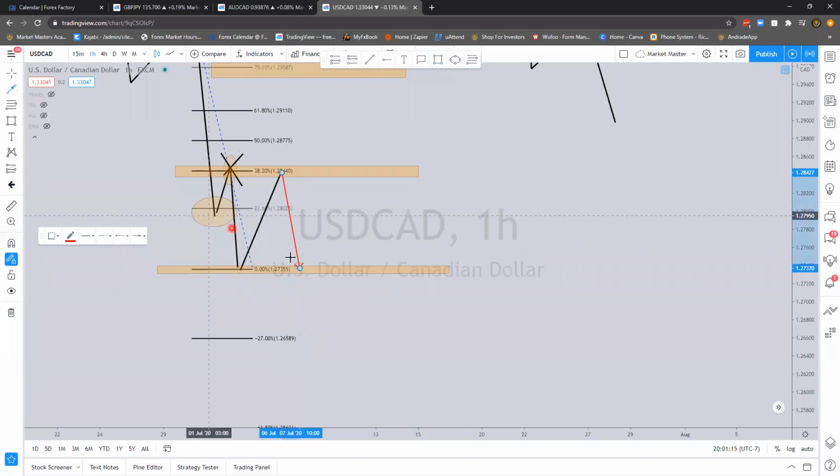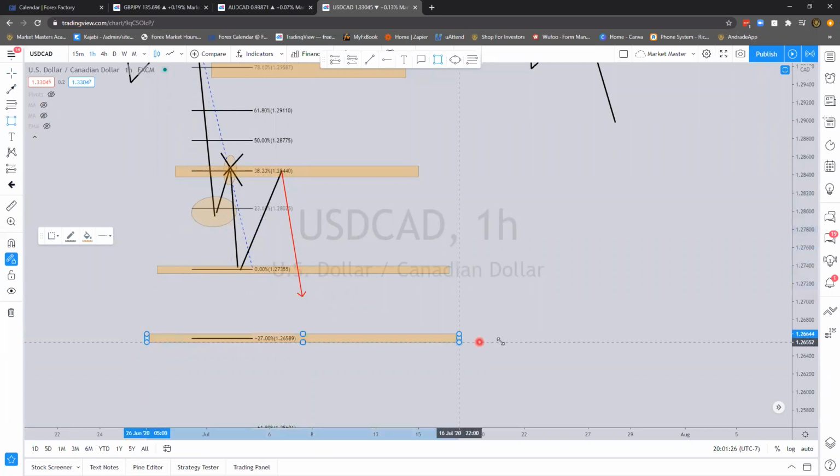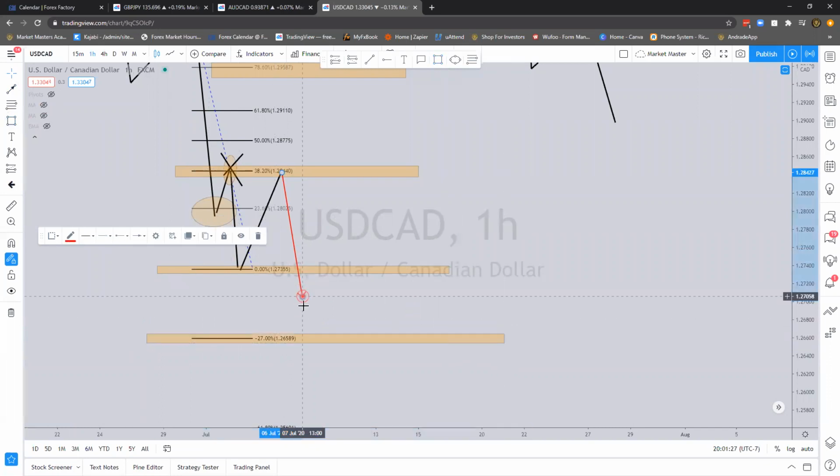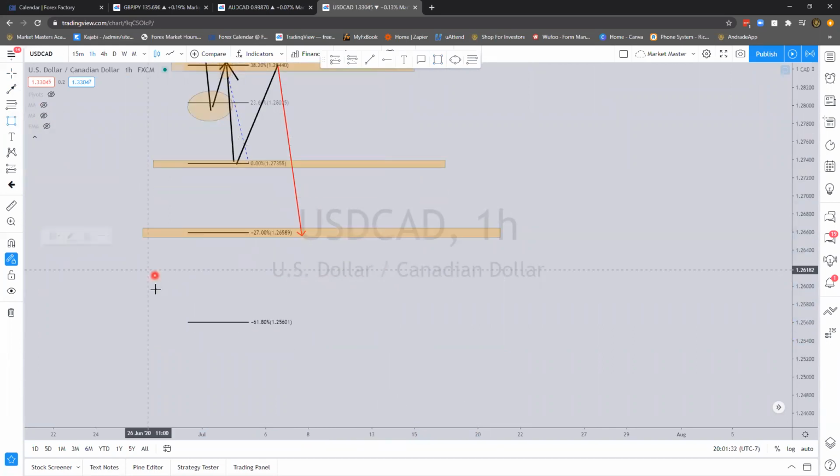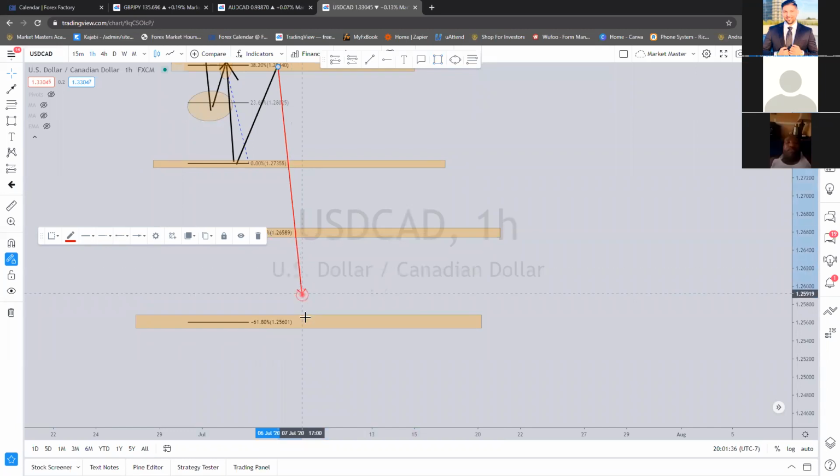There's a chance that it's going to reject, so you're taking the chance if you go any lower. But if it does break through, then the next target is going to be this negative 27%. And if it breaks even further from that, the next target's going to be negative 61.8.